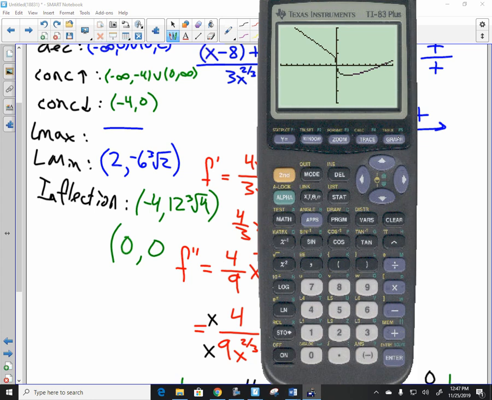Yeah, it looks like it's really, really slight. But in this situation, it starts off until we get to -4, it's concave up. So it's concave up here, and then turns concave down here, and then turns concave up here. That's what's happening.